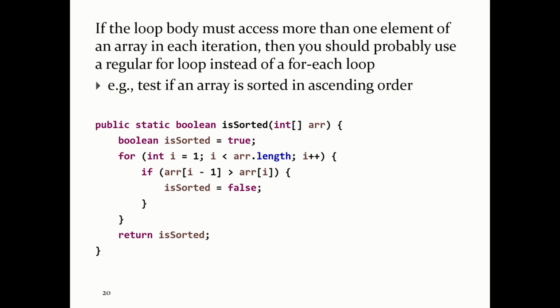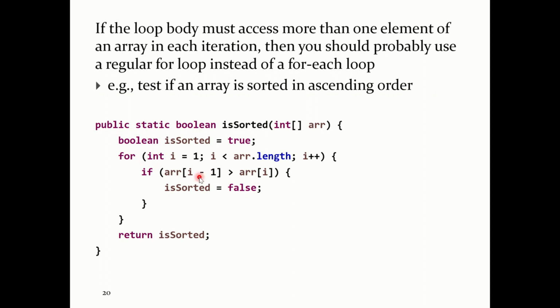So I'm going to start by assuming that the array is in fact sorted, so I'm going to set that to true. I'm going to start with an index of 1, but that's because I'm going to subtract 1 inside the loop body, and I'm just going to use i here. So the first time through the loop, this will be array[0] and that'll be array[1]. Second time through the loop, that'll be array[1] and that'll be array[2].